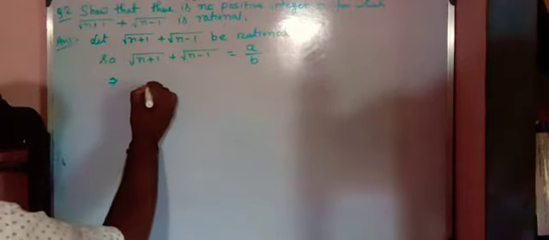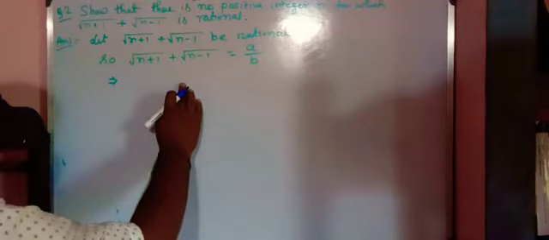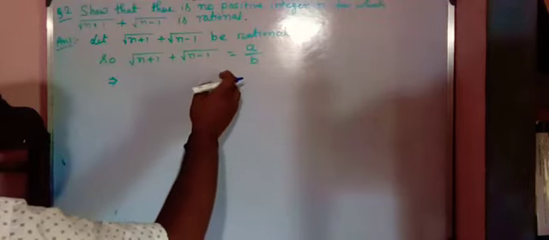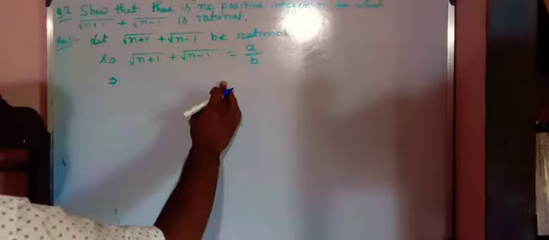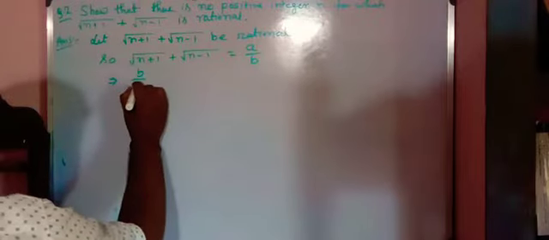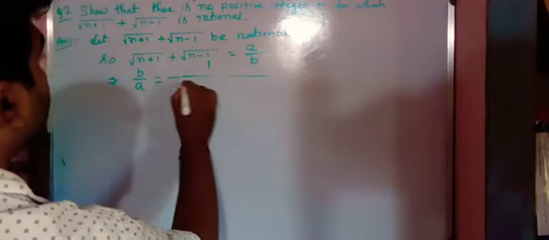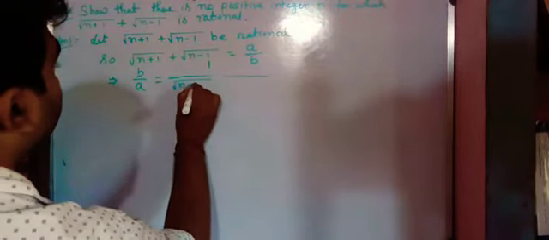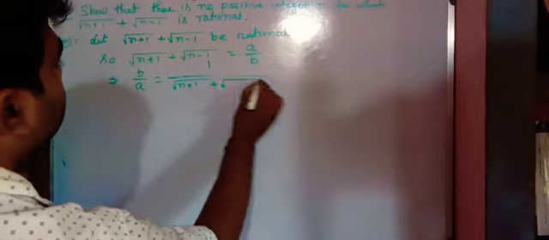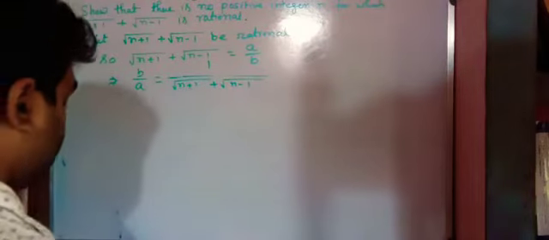That's implying, if we do it, b by a equals to 1 by root over of n plus 1 plus root over of n minus 1.